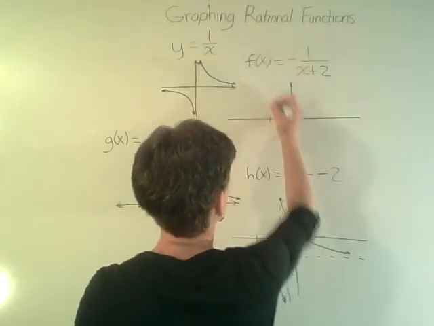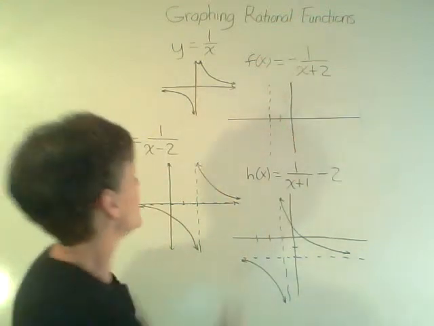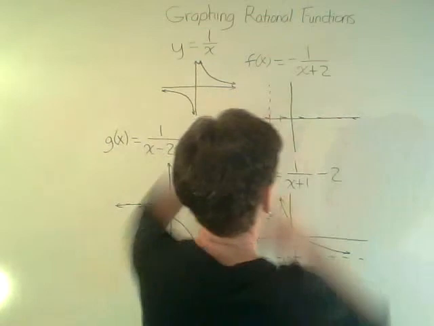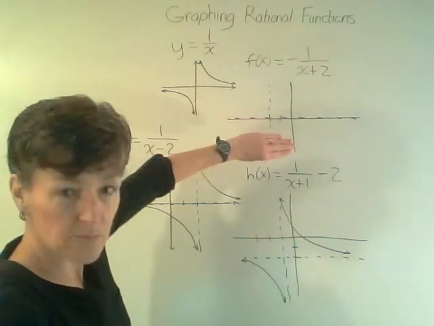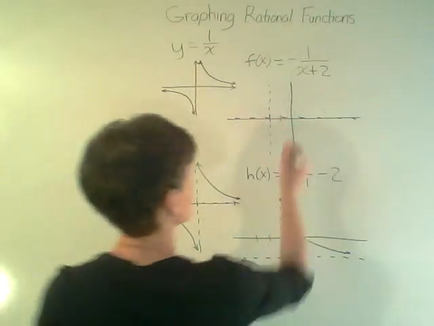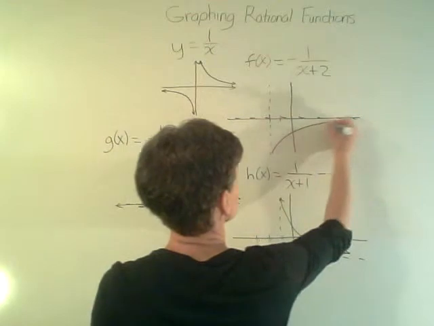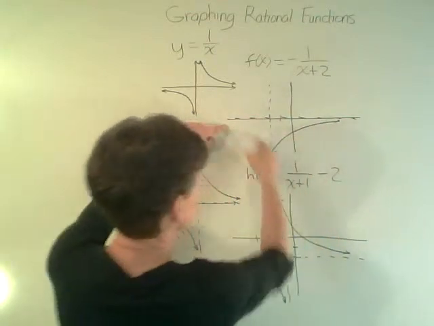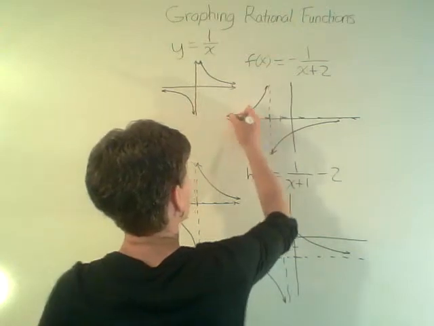That means my asymptote moves over here. My horizontal asymptote is the same. But this negative sign means that I am going to reflect my graph across the x-axis. So instead of being up here, this portion will now be down here. And instead of being down here, this portion will reflect up here.